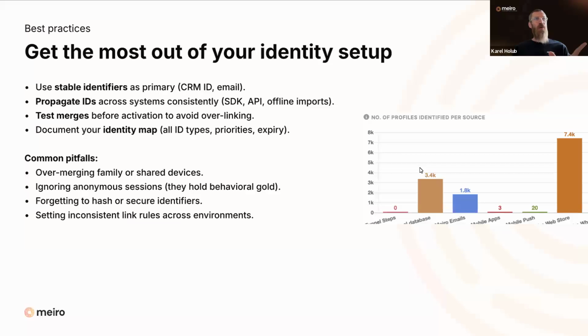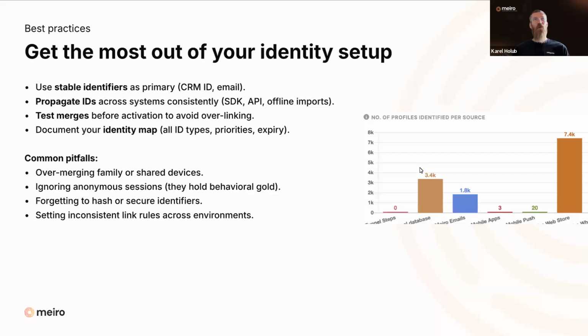What would be the common pitfalls, or what do we see might go wrong with the identity stitching? As I said, the too optimistic or too wide rules for the stitching can lead to over merging of, let's say, shared devices and so on. The usual cases here would be, for example, shared devices in public libraries. I know it's not that common these days.